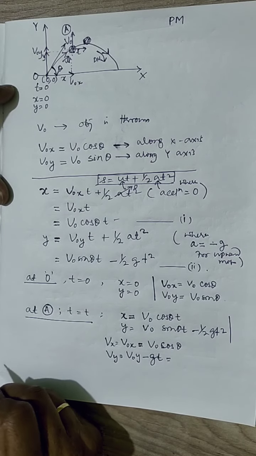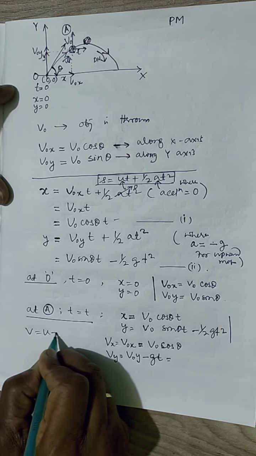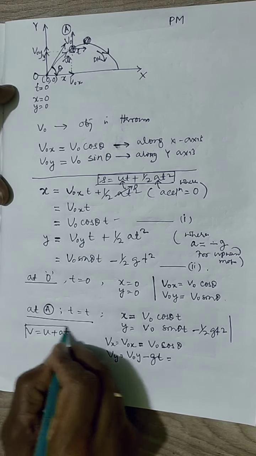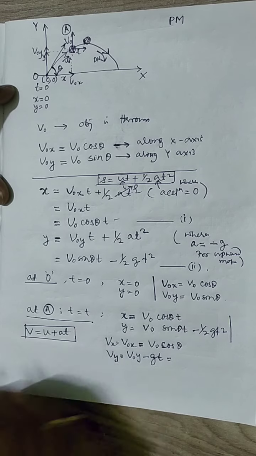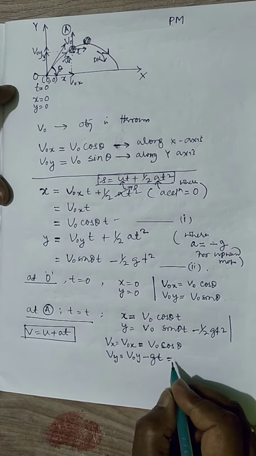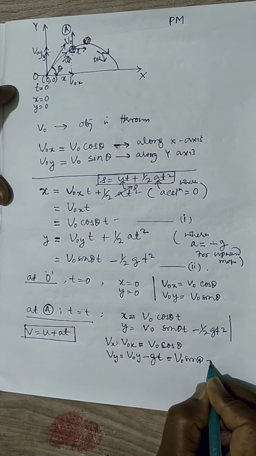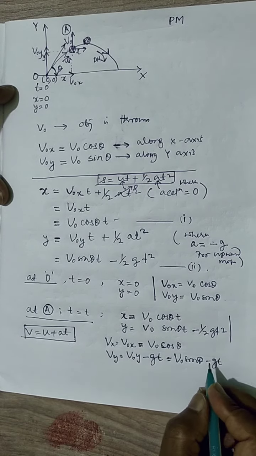Here velocity changes using the formula v is equal to u plus at, equal to v0 sin theta minus gt.